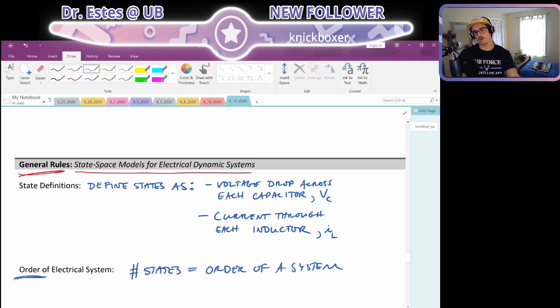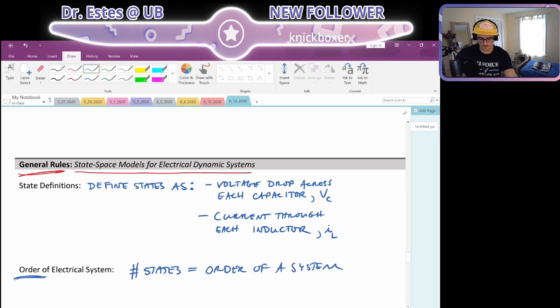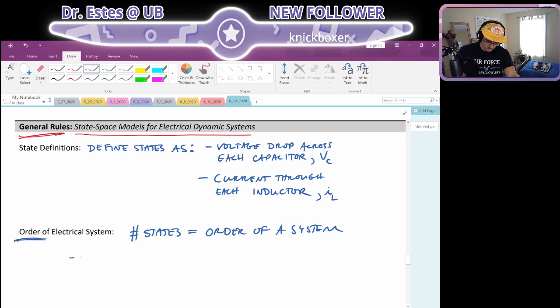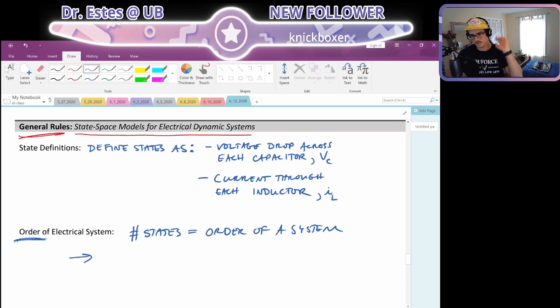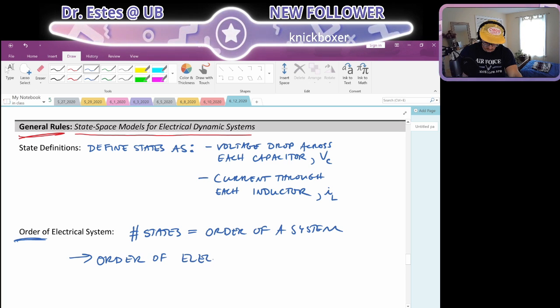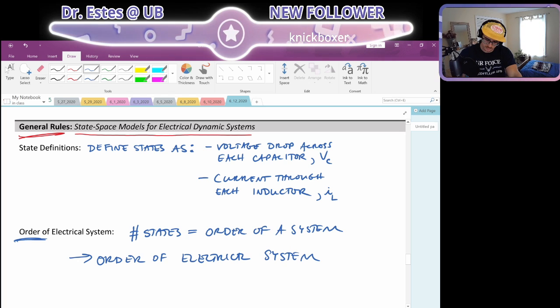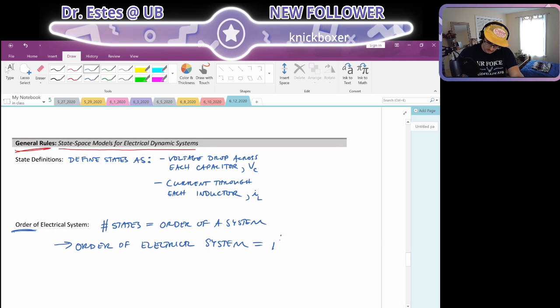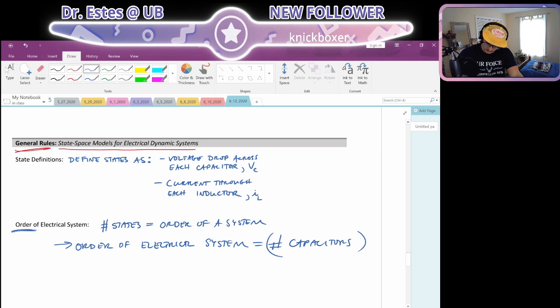Well, it turns out the order of an electrical system is the number of capacitors plus the number of inductors in the circuit. So order of electrical system equals number of capacitors plus the number of inductors.